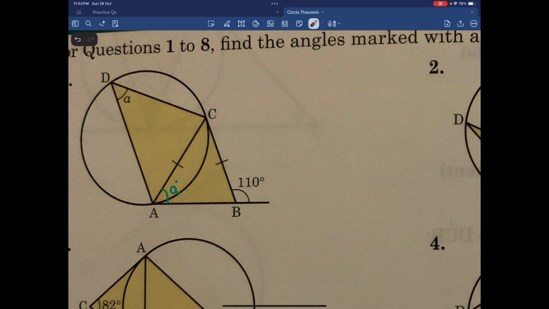Hence, this angle is equal to angle A. Now, we also know that angles on a straight line add up to 180. Since this is a straight line and this is 110, this would be 70 degrees, right? And because this is an isosceles triangle, if this is 70, this angle is also going to be 70 degrees. And using the alternate segment theorem, we can safely assume that A is also equal to 70 degrees.